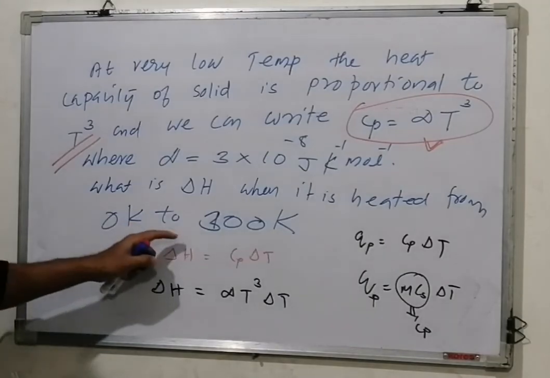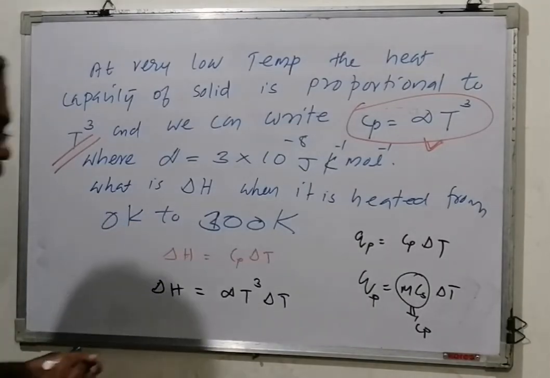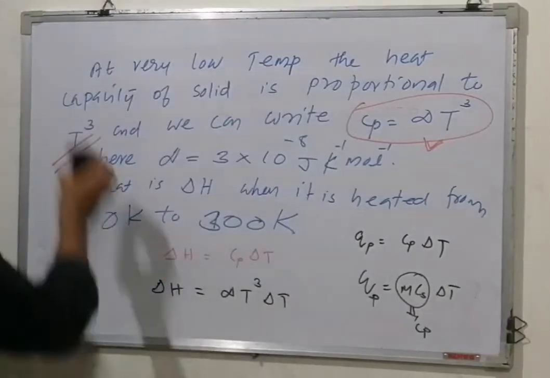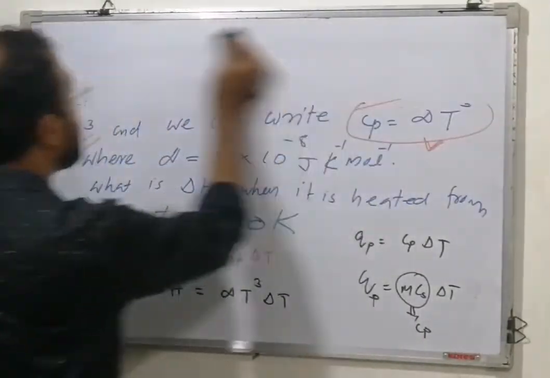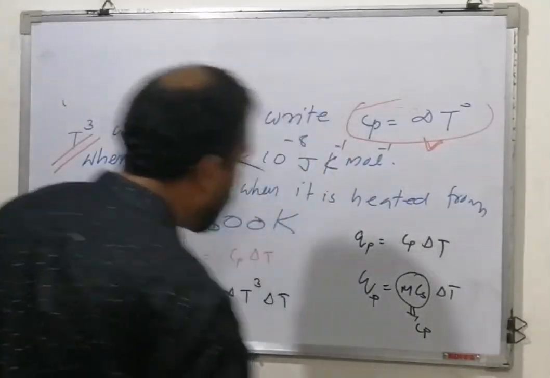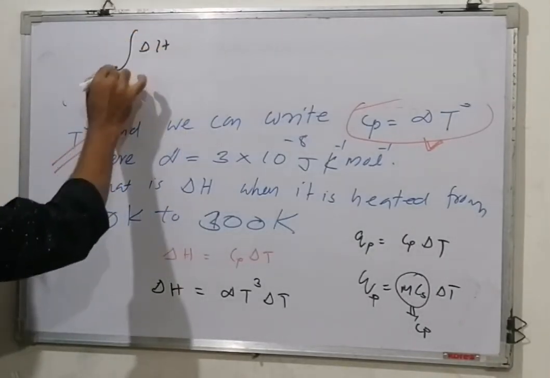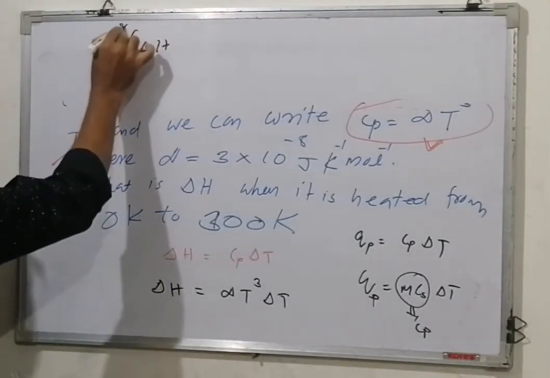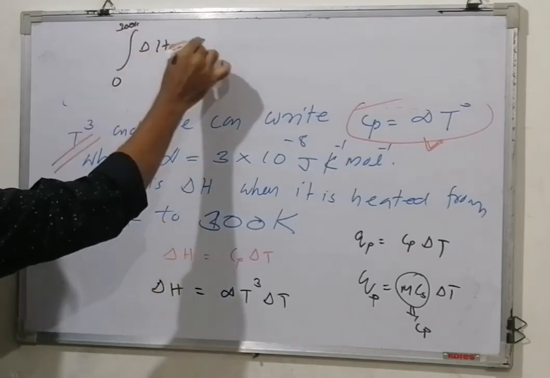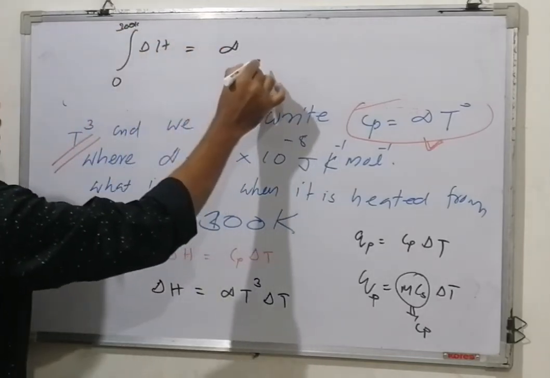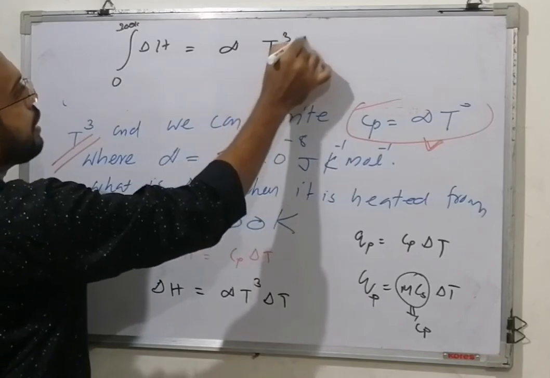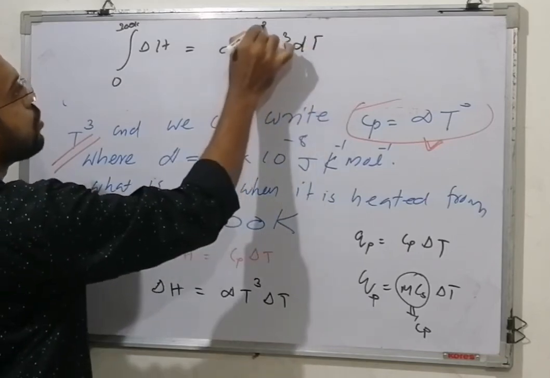Now what is the delta H when it is heated from 0 to 300 Kelvin? This is our relation. Delta H is equal to alpha, which is a constant, times the integral of T cube dT from 0 to 300.